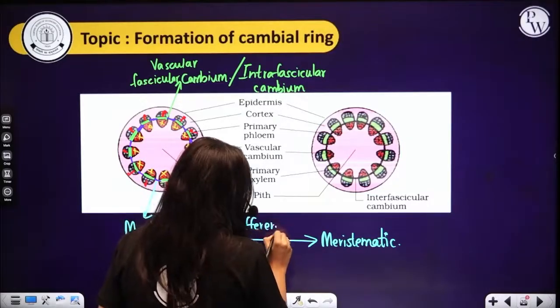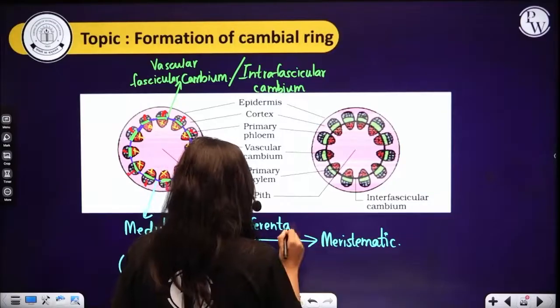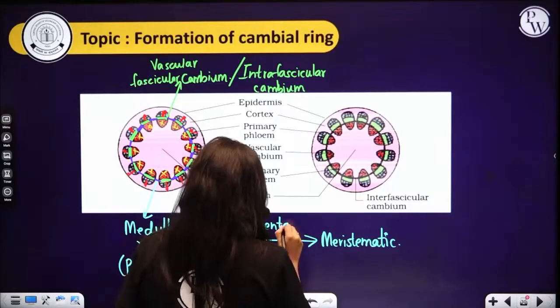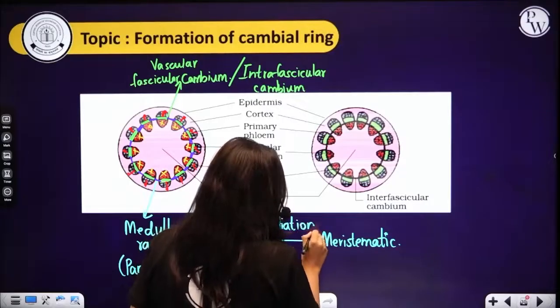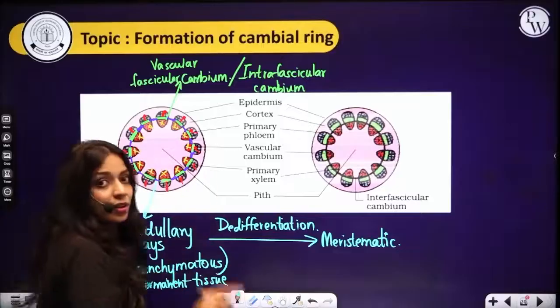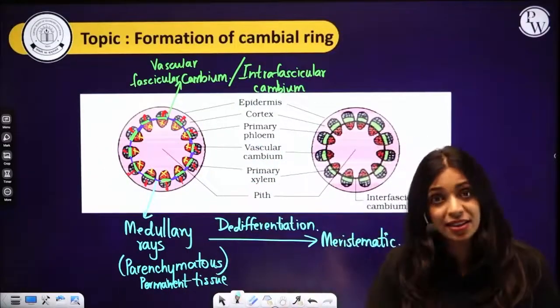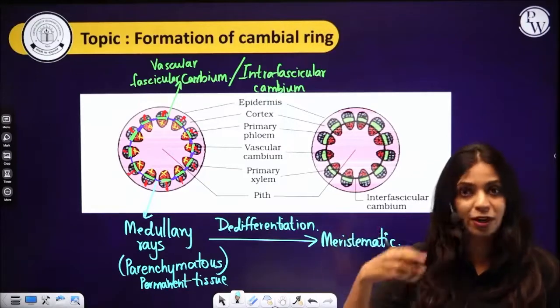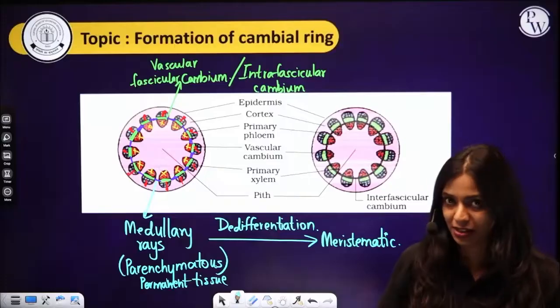I gave you an example and explained to you what exactly it is in the previous class. De-differentiation. So this, whatever in dark blue I have drawn, in that zone, in the medullary rays, the cells that were parenchymatous and permanent and lost the ability to divide, regain the ability to divide and become meristematic.